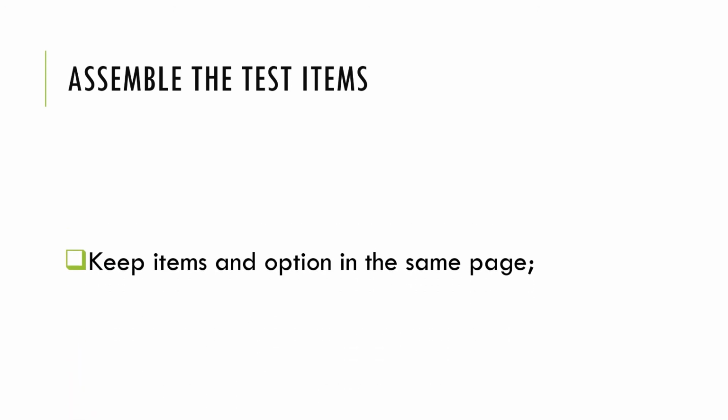Next, keep items and options on the same page. In the rule of constructing test items, if you have number one and four options A, B, C, D, and even just letter D lands on the next page, that is a faulty test item. All the options must be on the same page. If something gets cut off, find a way so that all options are on the same page.